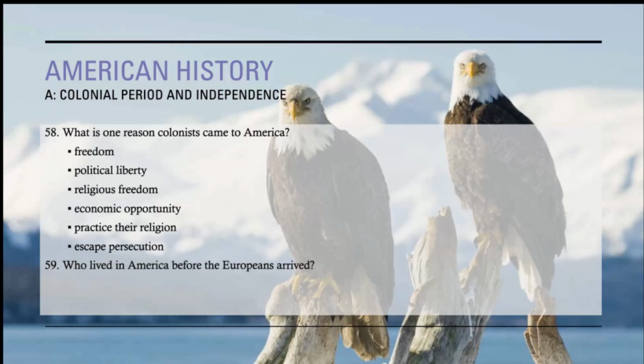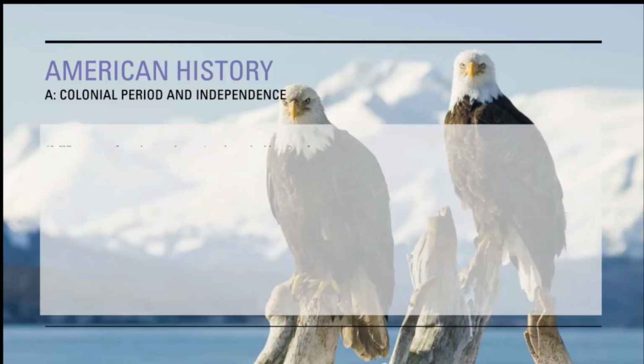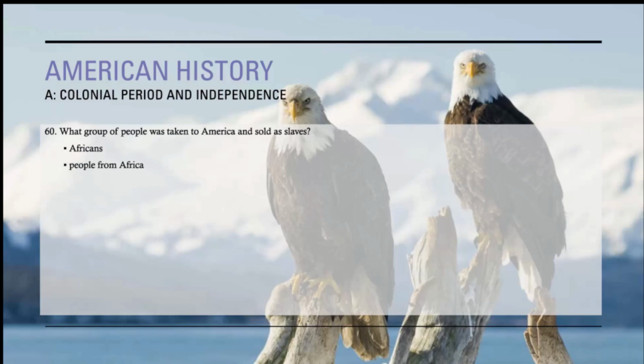Who lived in America before the Europeans arrived? The American Indians and the Native Americans. Question number 60. What group of people was taken to America and sold as slaves? Africans. People from Africa.